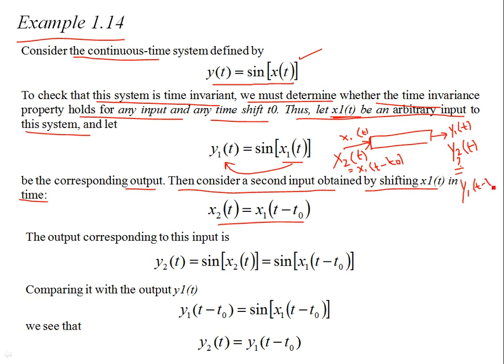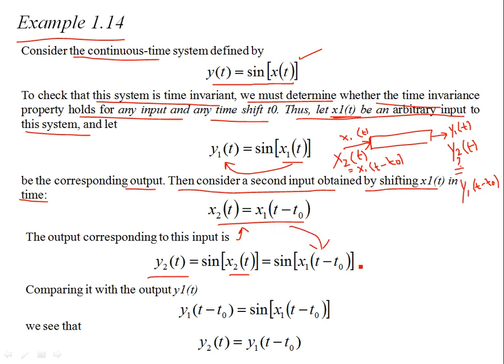Well, we can look at this analytically by considering the input-output relationship. You see that y2(t) is the output of the system in response to x2(t), and x2(t) is x1(t minus t naught).